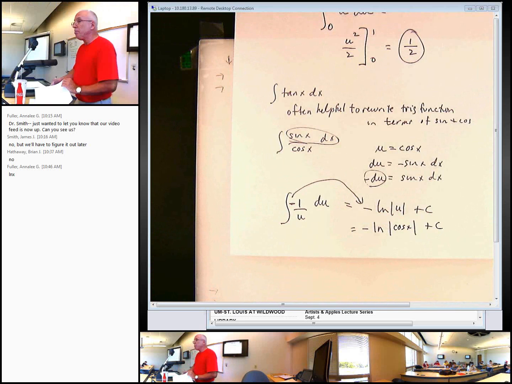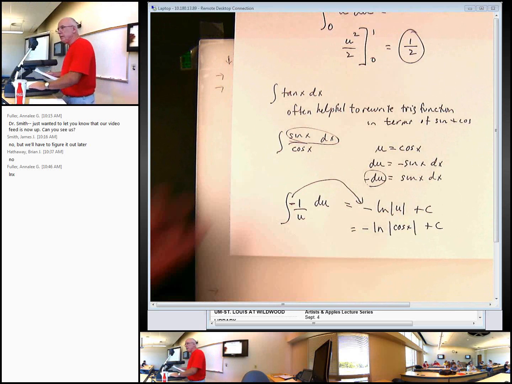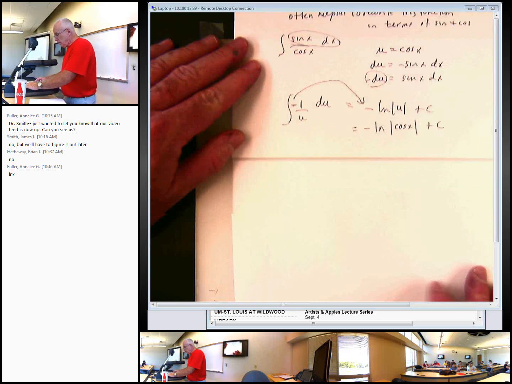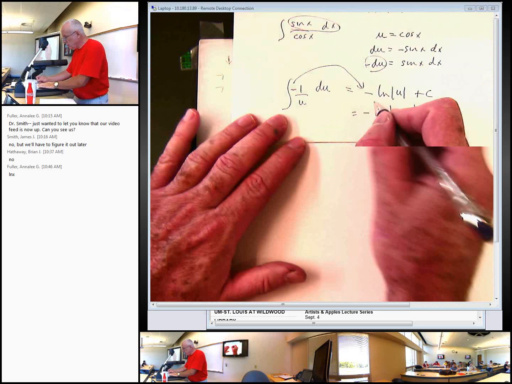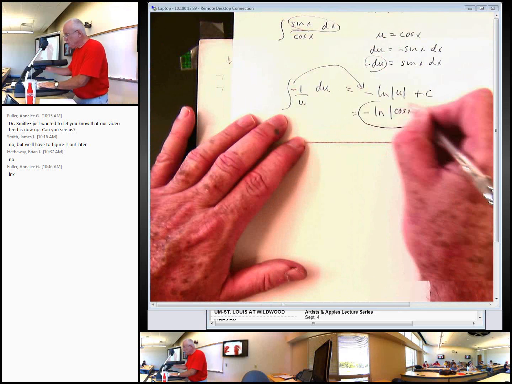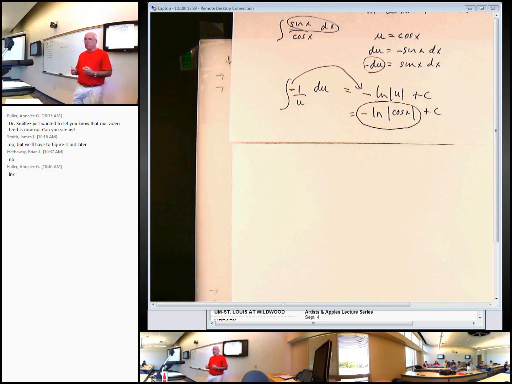Okay, this is a perfectly fine answer, but I can use some rules of logs to make this maybe a little bit nicer answer. Any suggestions on what I can do here to use a log rule to write it differently?